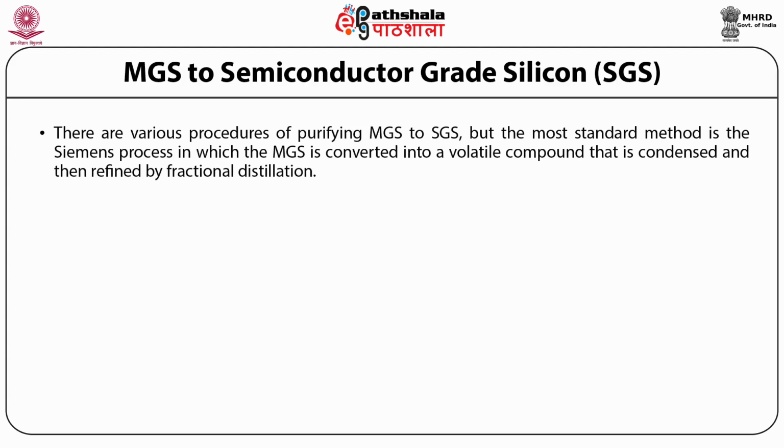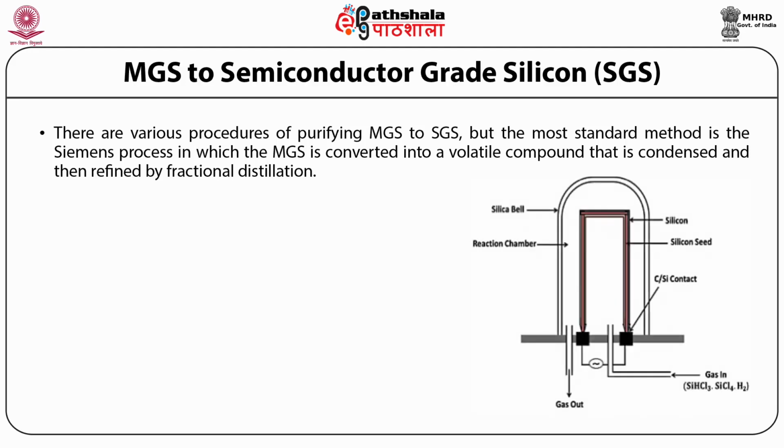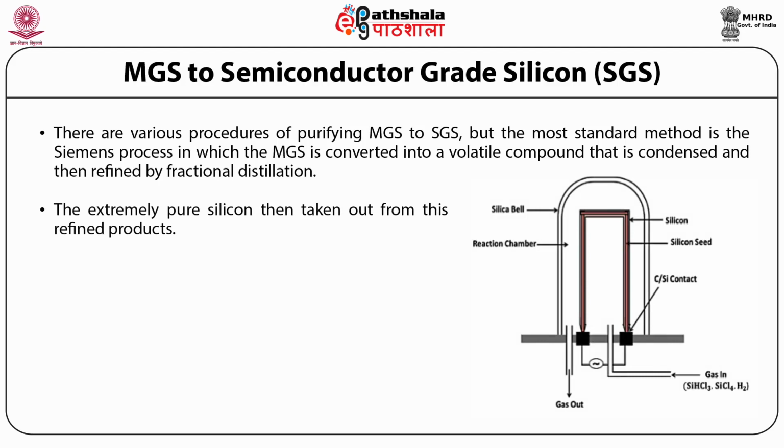There are various procedures for purifying MGS to SGS, but the most standard method is the Siemens process, in which the MGS is converted into a volatile compound that is condensed and then refined by fractional distillation, which is shown in the figure also. The extremely pure silicon is then taken out from this refined product.